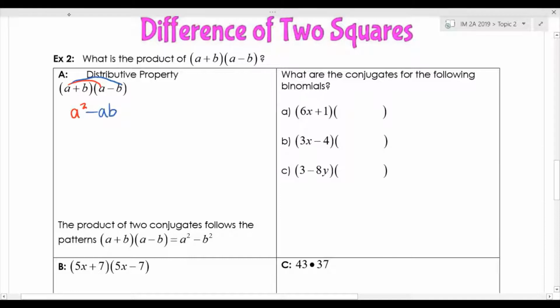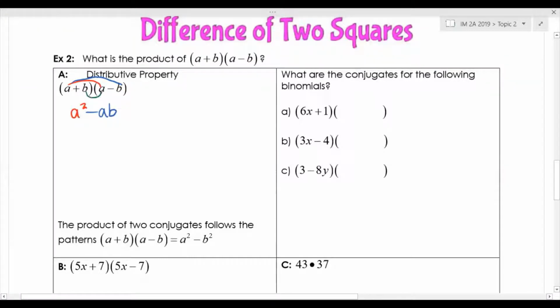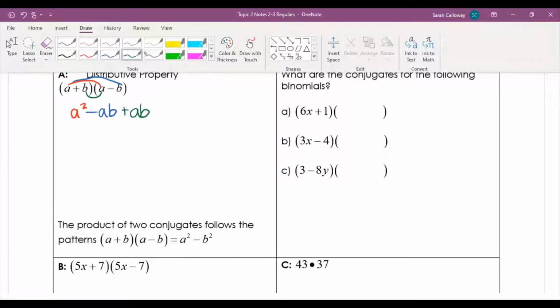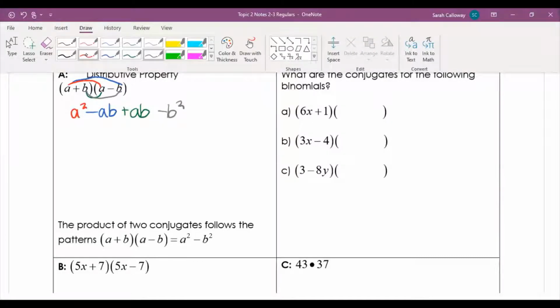So remember that we write those alphabetically. Then if I distribute the b times a is ab, because I want to write it alphabetically. And then b times negative b is minus b squared. And so what happens here is we actually have like terms that cancel.